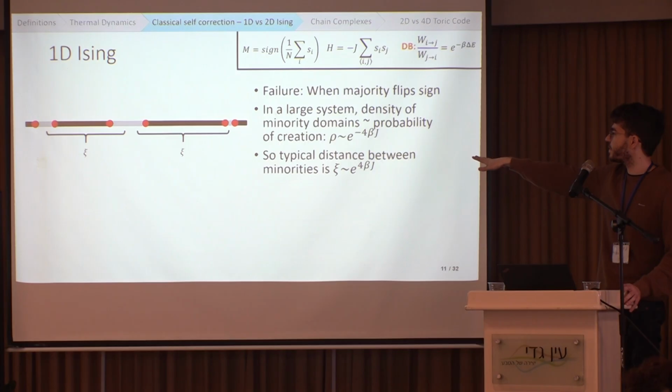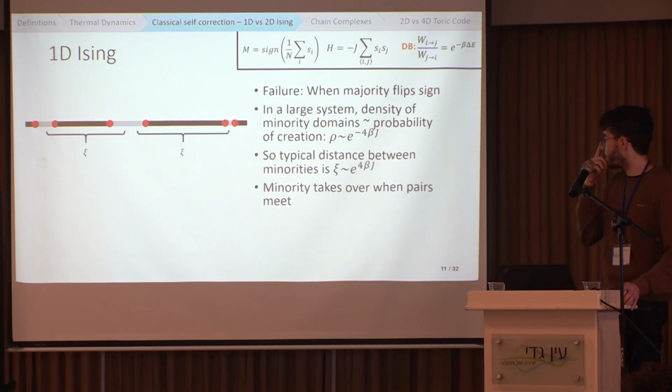And then we have a typical distance between them, psi, according to the density. They do a random walk, and the minority would take over just when these boundaries meet. And this time of meeting does not depend on the system size, generally.